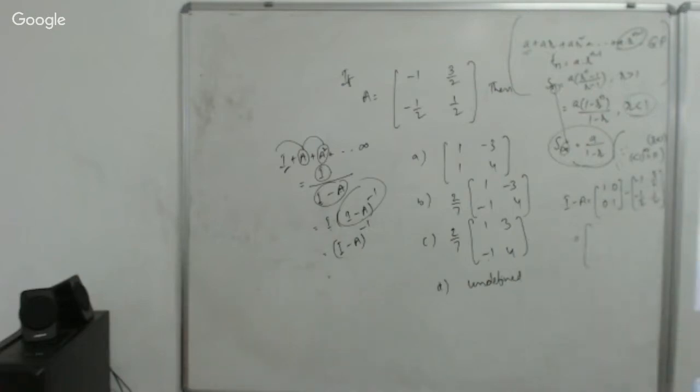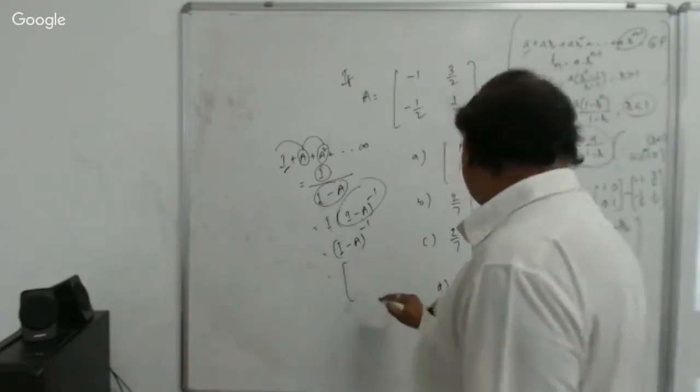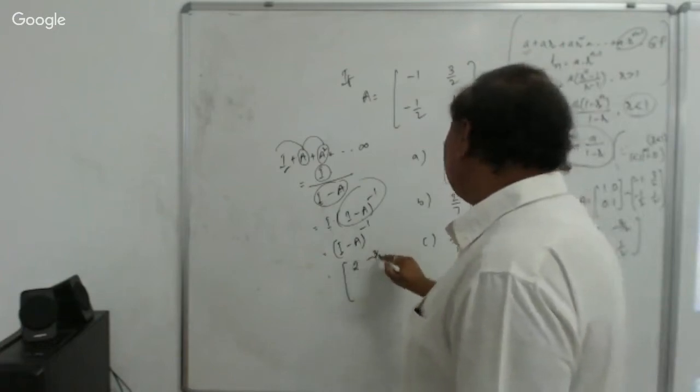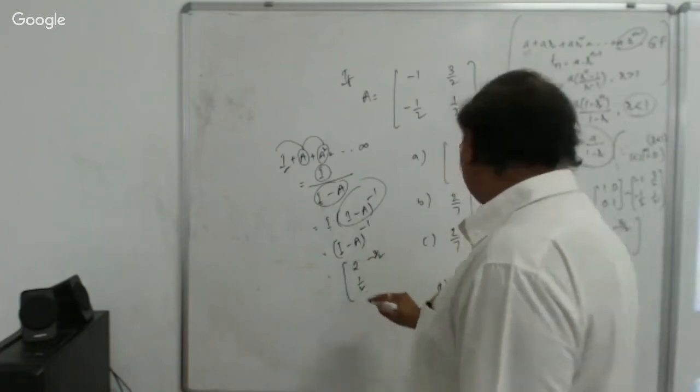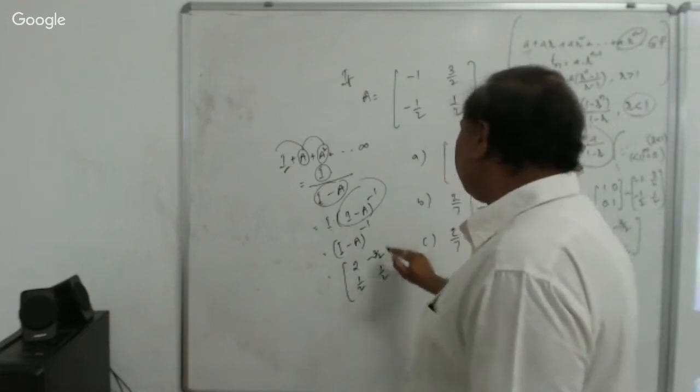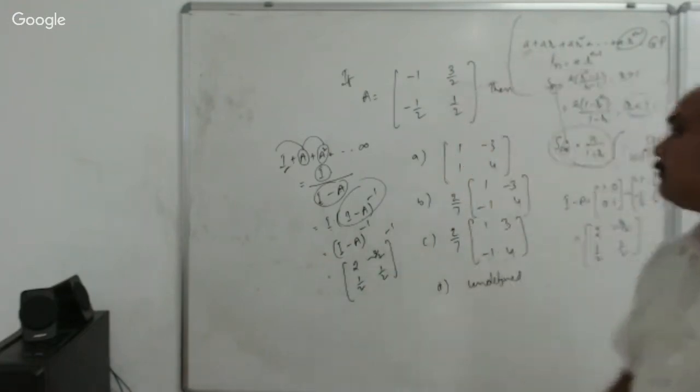Now I minus A becomes: 1 minus of minus 1 is 2; 0 minus 3/2 is minus 3/2; 0 minus of minus 1/2 is 1/2; 1 minus 1/2 is 1/2. Therefore I minus A equals [2, -3/2; 1/2, 1/2], whole inverse.